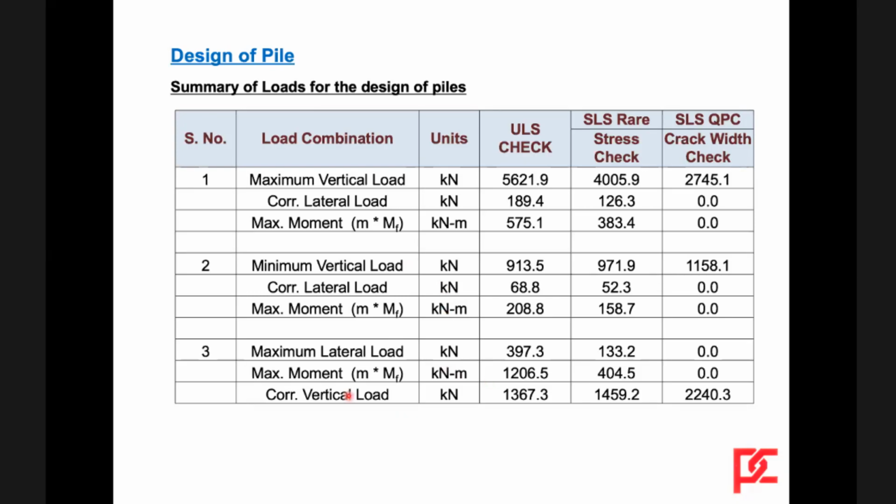This is the maximum moment case, and this is also a maximum moment case. And these are maximum vertical load, 2 cases, and the maximum moment case we have considered. And then for these cases, ULS moments and everything we have calculated. And for SLS, the stress check uses the rare combination, and for the crack width check, the quasi-permanent combination is also listed here.